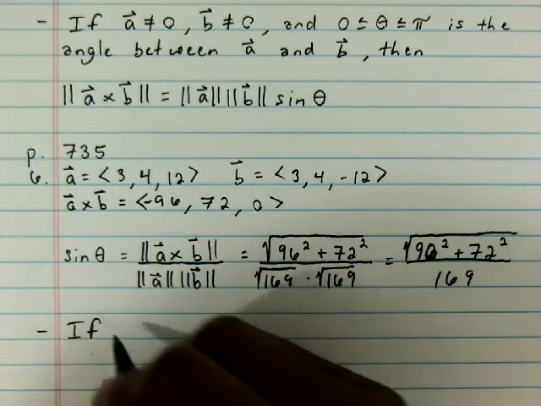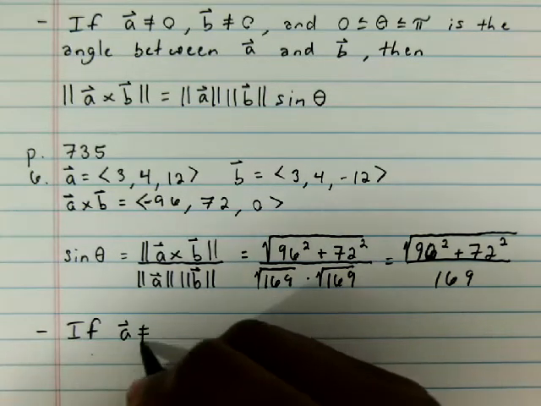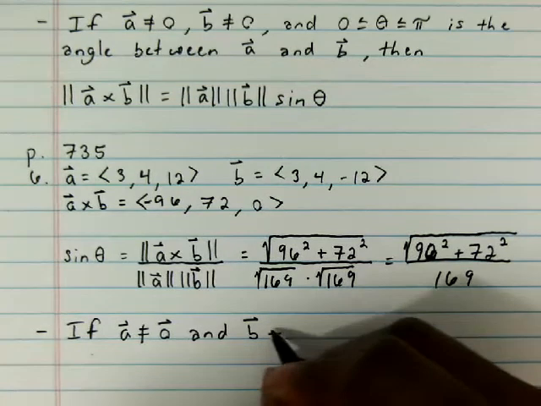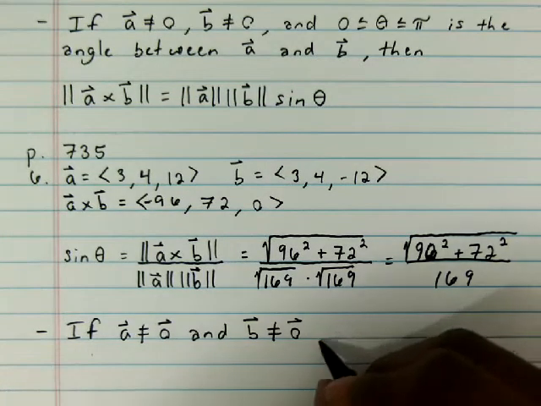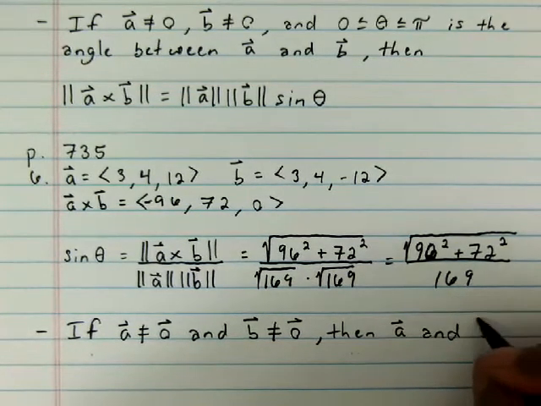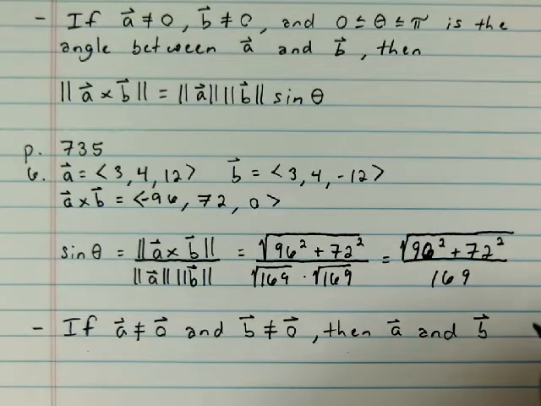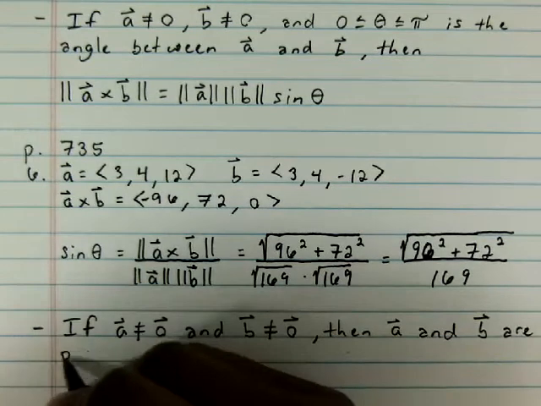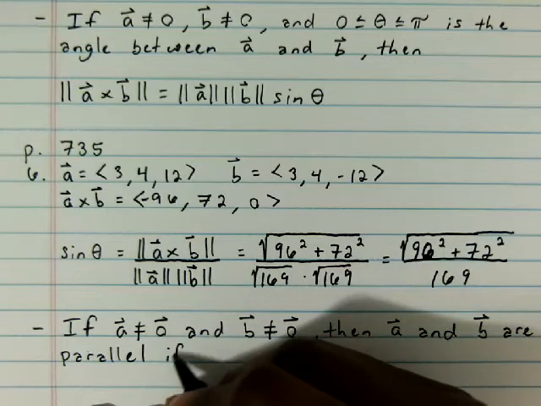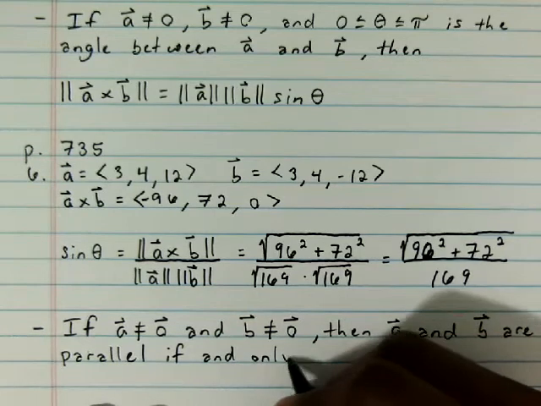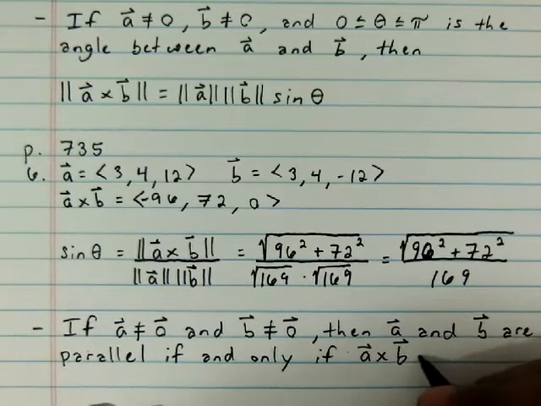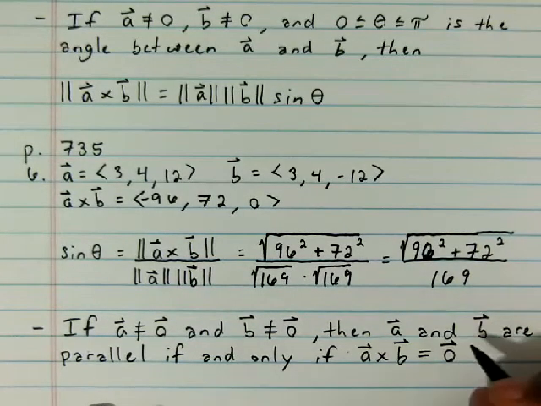So if A is not equal to the 0 vector and B is not equal to the 0 vector, then A and B are parallel if and only if A cross B is equal to the 0 vector.